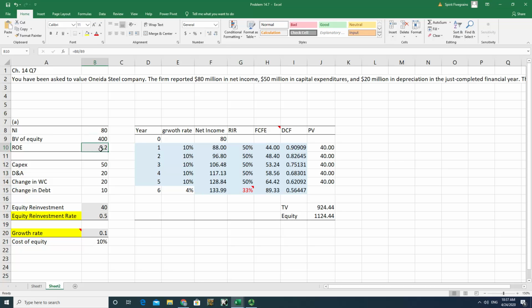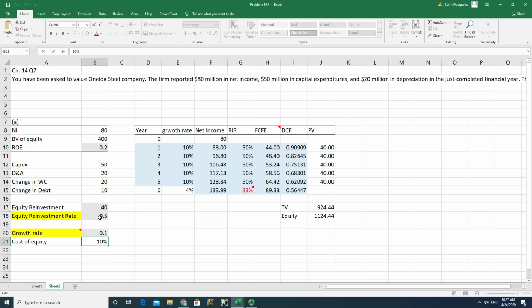So ROE would equal 20%. Then the growth rate equals this reinvestment rate 50% times 20% ROE, which equals 10%. And also cost of equity was assumed at 10%. That's what we'll use to discount future free cash flow to equity.